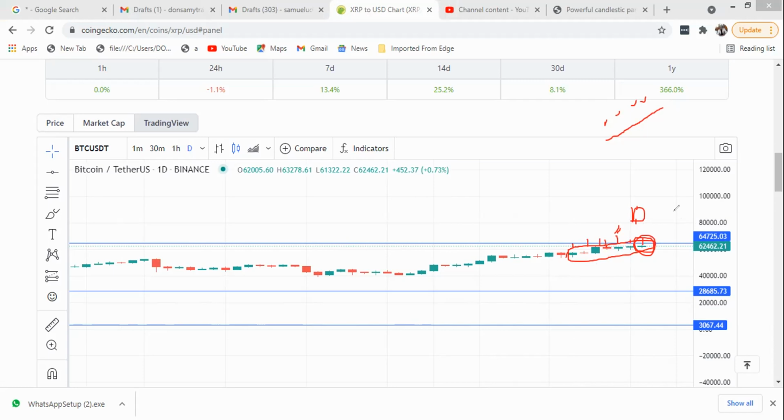Okay. So the behavior of all these daily candles is what forms that 1 week candle.